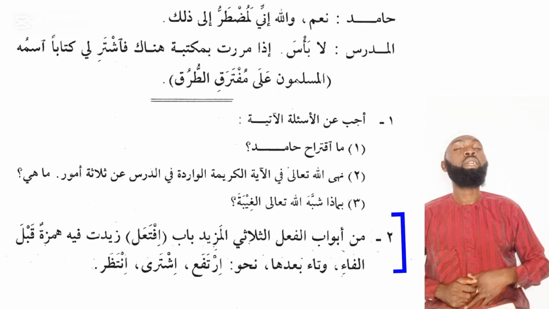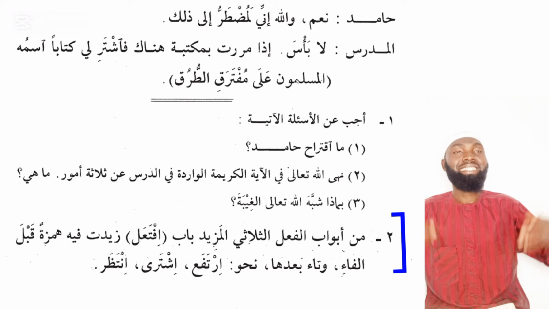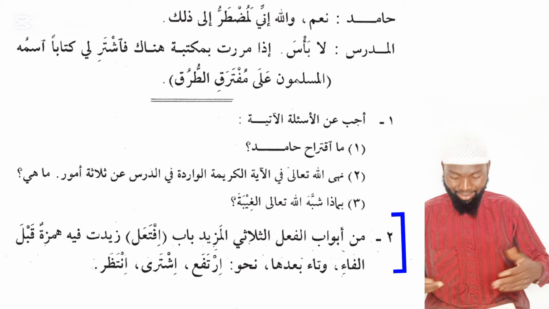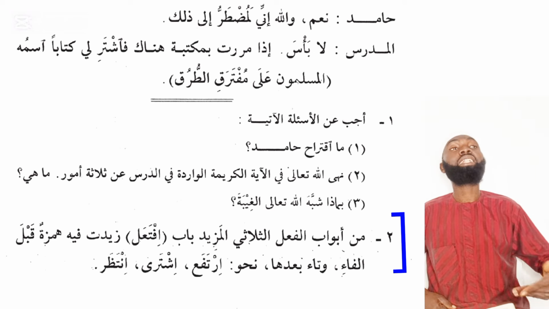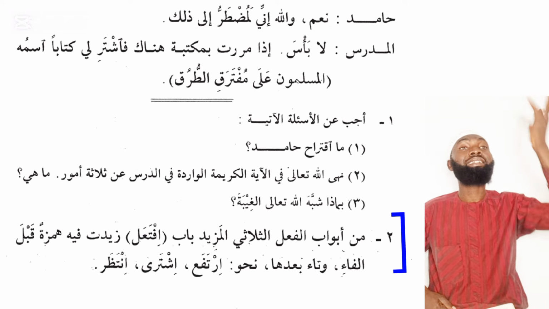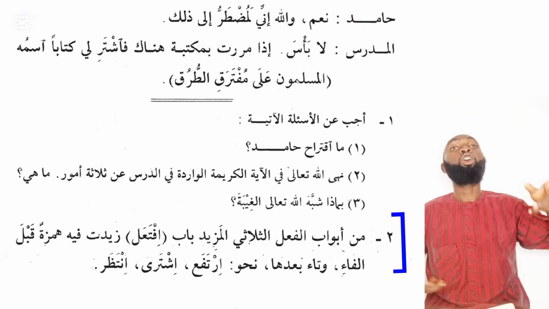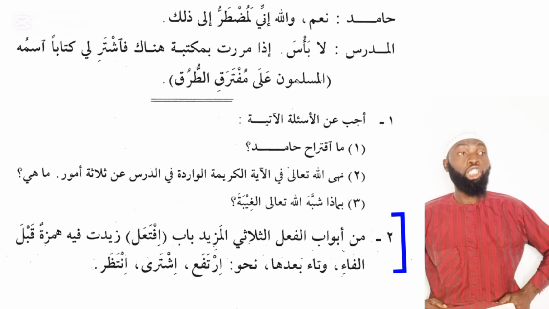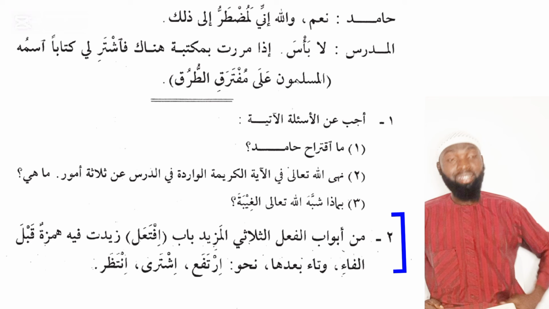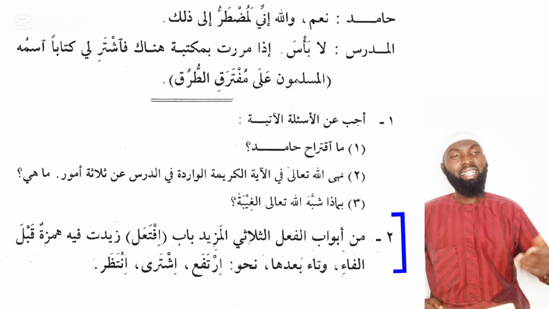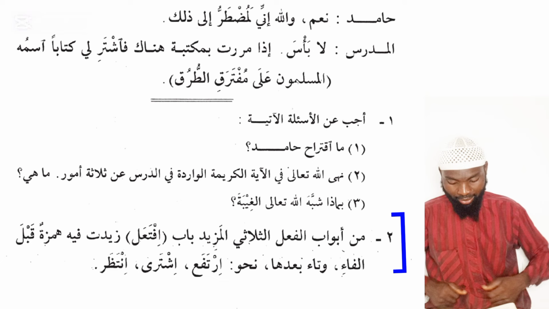An example is the word irtafa'a, to rise. Irtafa'a, to rise. We can say irtafa'at al-harara, the temperature has risen, which means the heat has risen. Ishtara, to buy. Intadhara, he waited. Can you see? Hamza and ta have been added, the hamza at the beginning and the ta after the first letter.